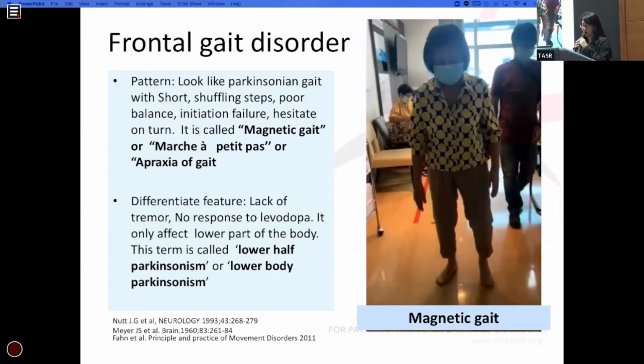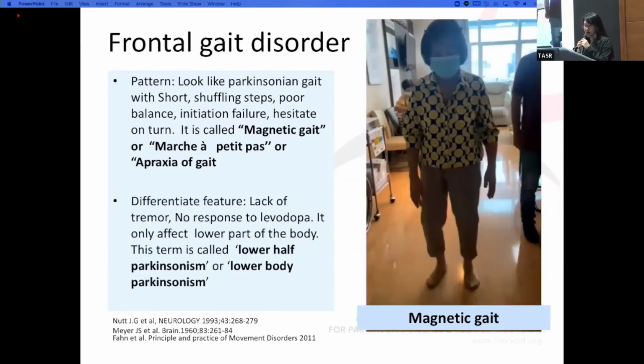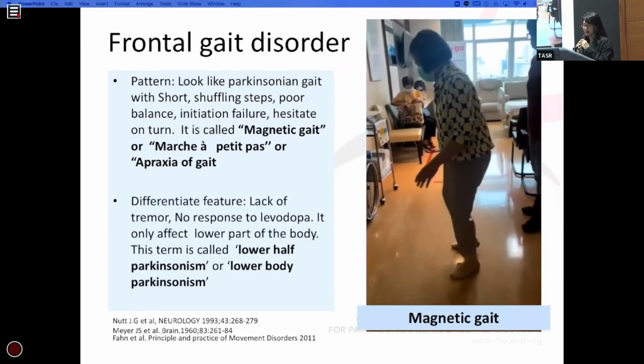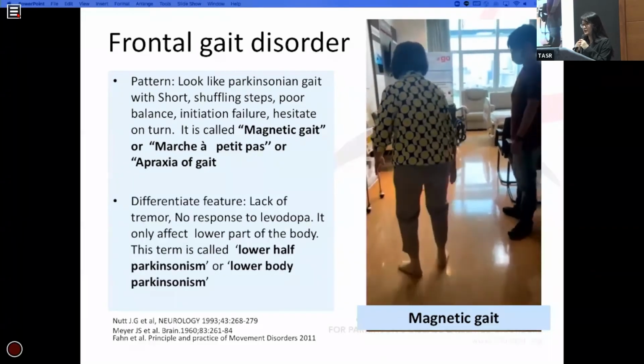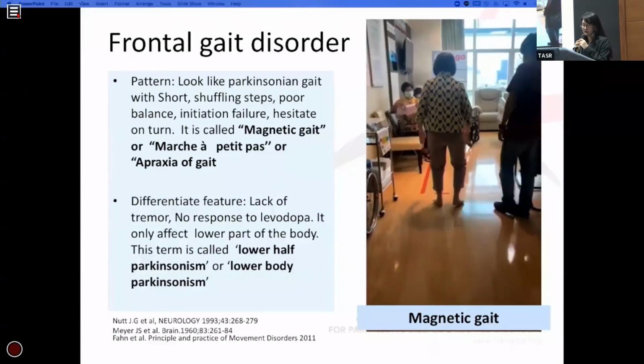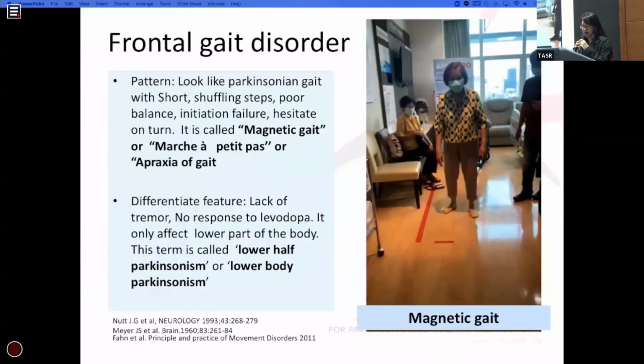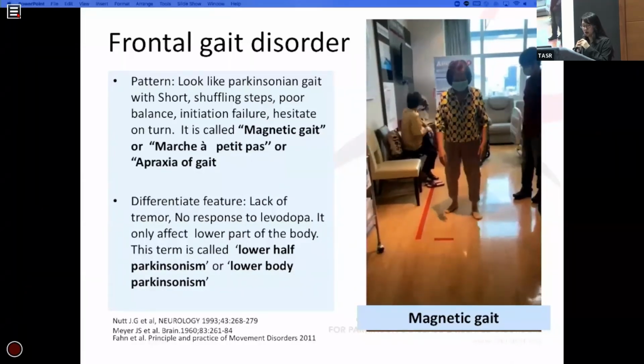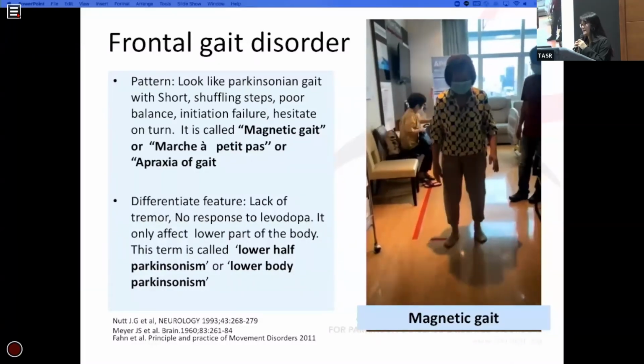To differentiate it from Parkinson's disease, in this kind of pattern patients do not have abnormalities of the upper limb. There is no tremor, and most importantly, there is no response to levodopa. This kind of pattern is called lower half parkinsonism or lower body parkinsonism.